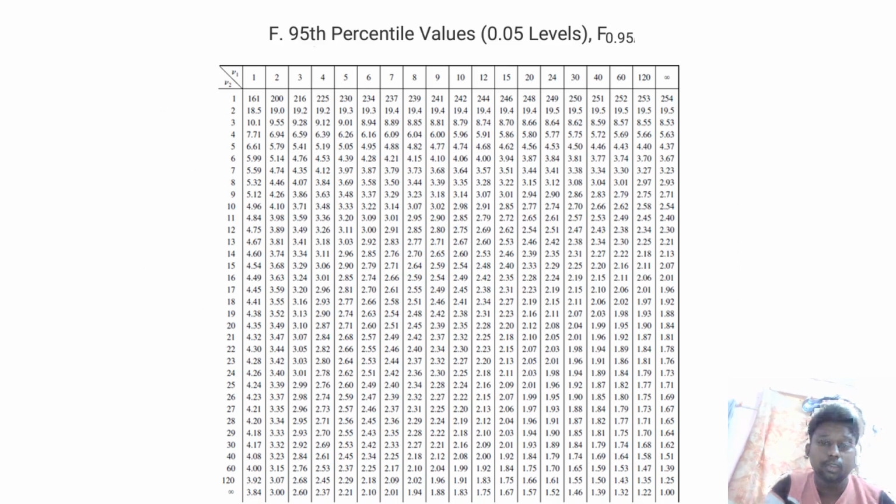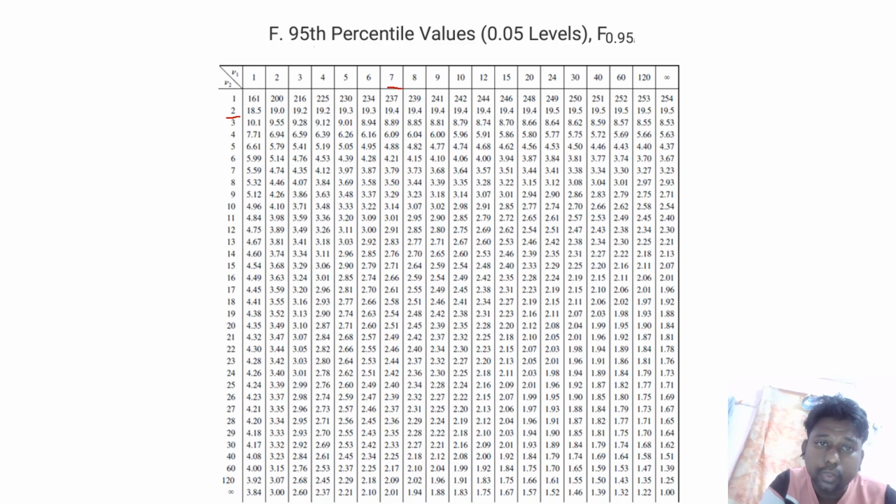In this table we can see how to identify the F table value, for the 95 percent level. We got 7 and 2 in the previous slide. For comparing this, v1 is known as the first value and v2 is known as the second value.